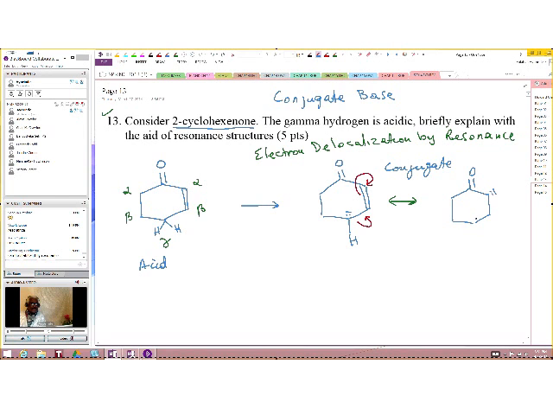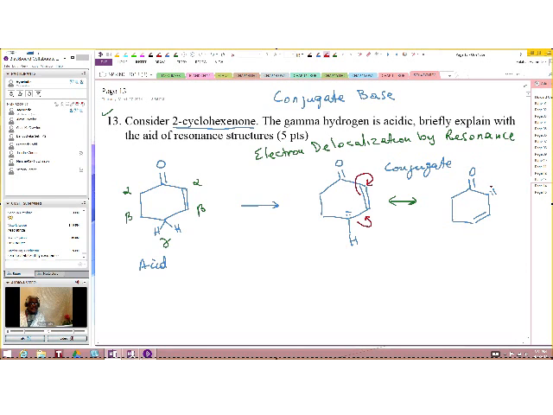Now we could further delocalize this electron from this carbon to here, because this is also an sp2 hybridized carbon, and oxygen is also sp2 hybridized. I'm sorry, I don't mean sp, I mean sp2 right here. So we could further delocalize this electron to here.